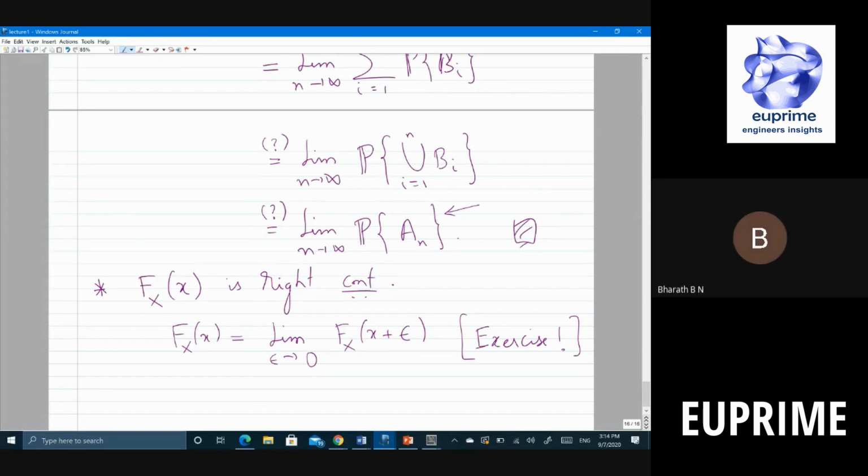Okay. Is this fine? So as epsilon tends to 0 and epsilon positive, you cannot have negative epsilon. That means it's a sequence of positive numbers that converges to 0. Should be very careful. Okay, is that fine?